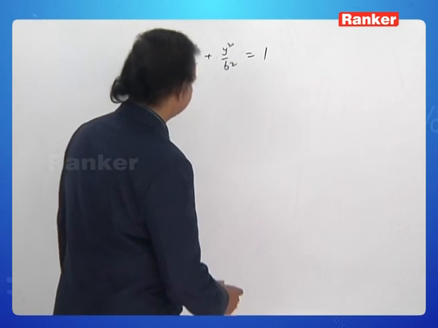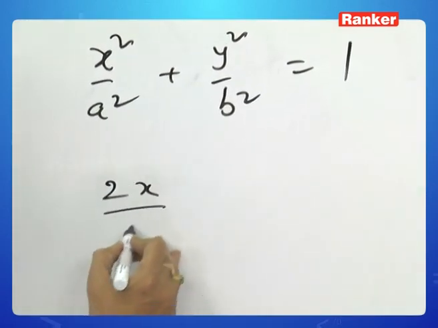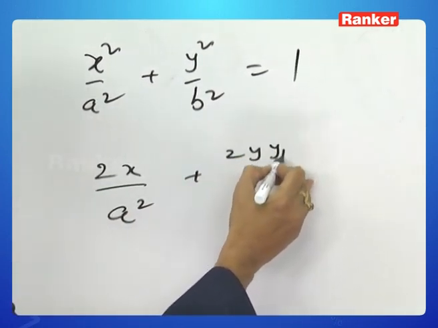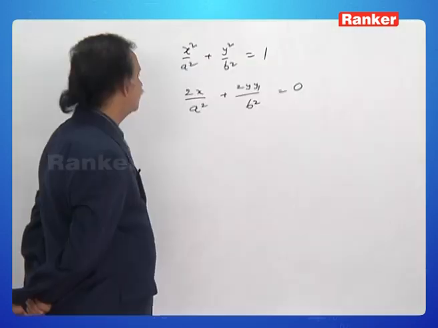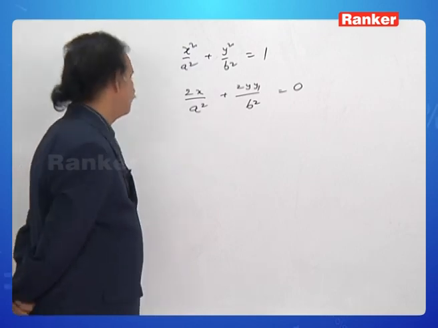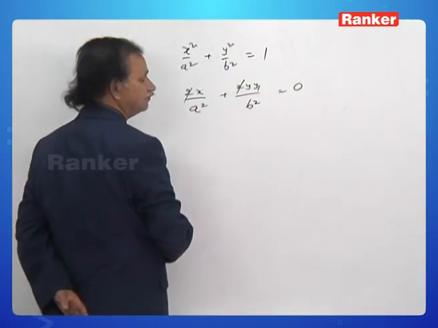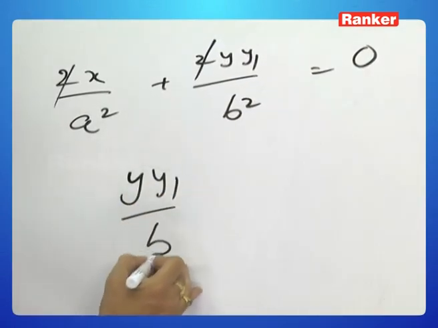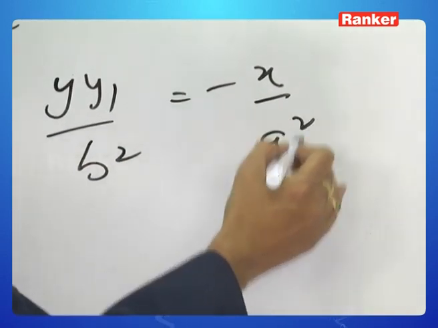Let us start. 2x by a square plus 2y y1 by b square is equal to 0. Okay. So 2 can be cancelled. From this, y1 by b square is equal to minus x by a square.